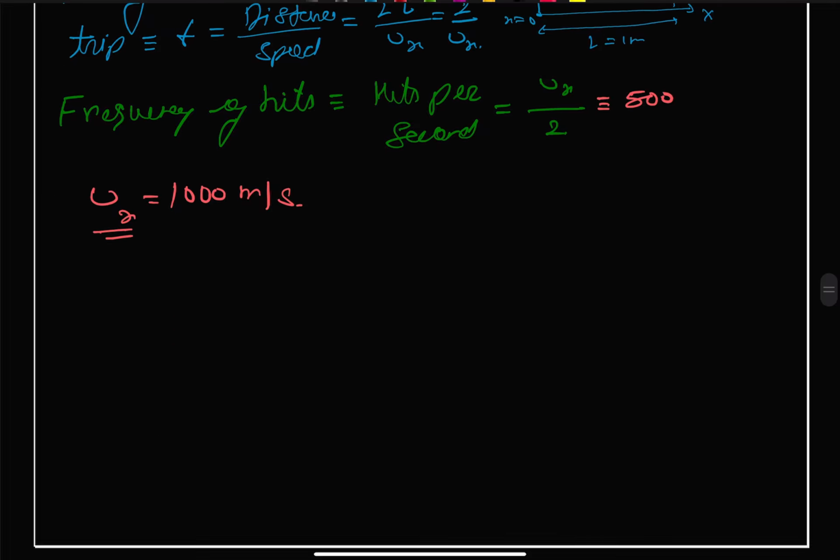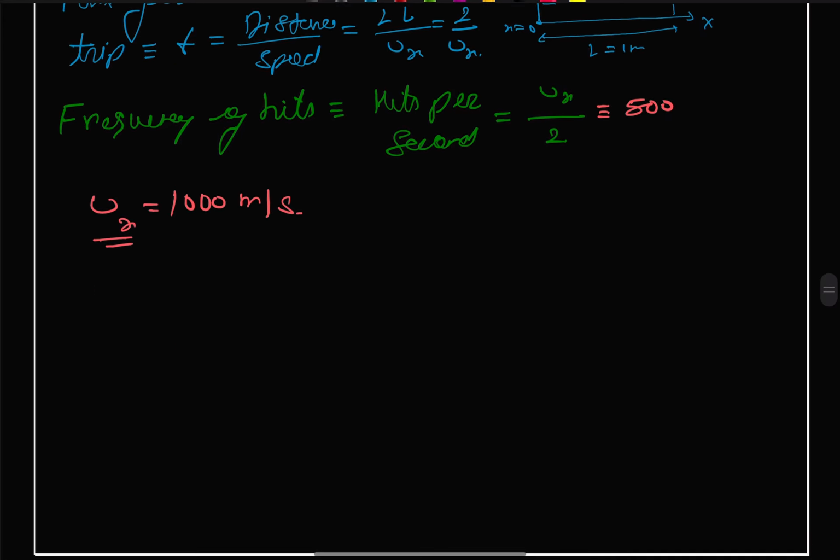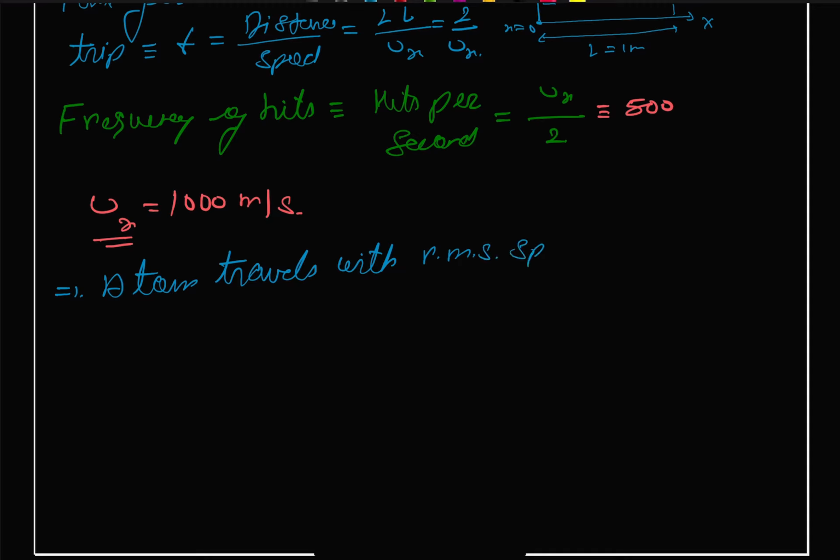Next, we are given that the atom travels with root mean square velocity parallel to one of the edges, which is the x-axis.